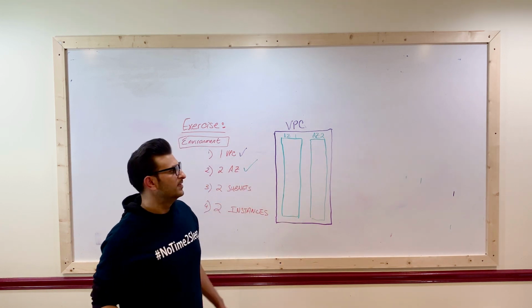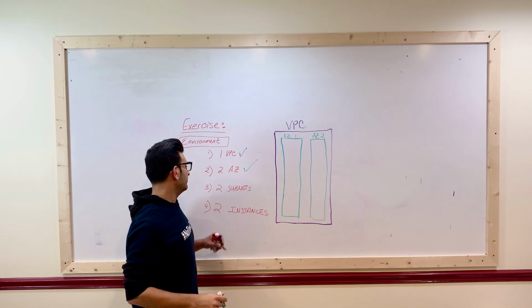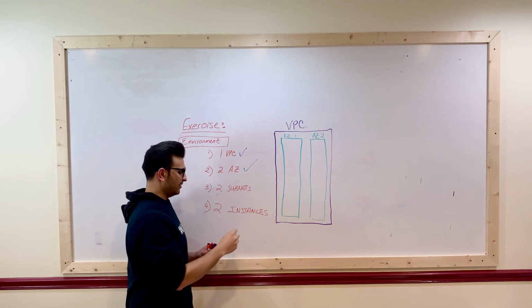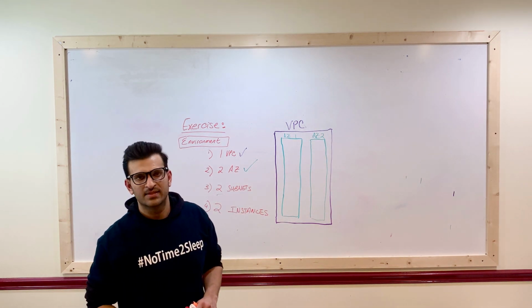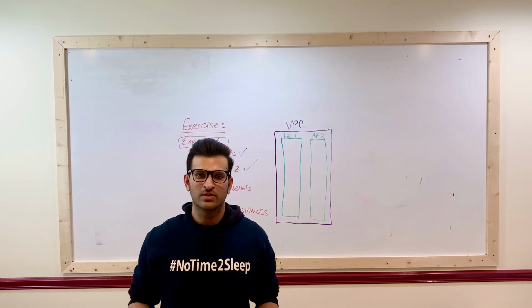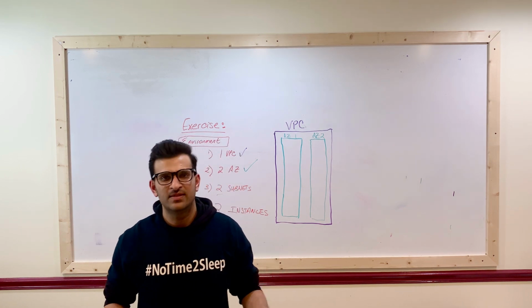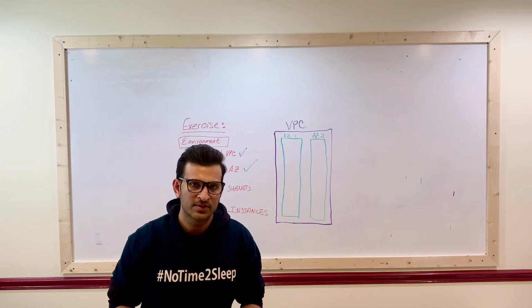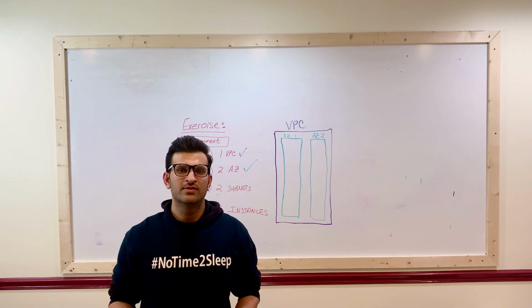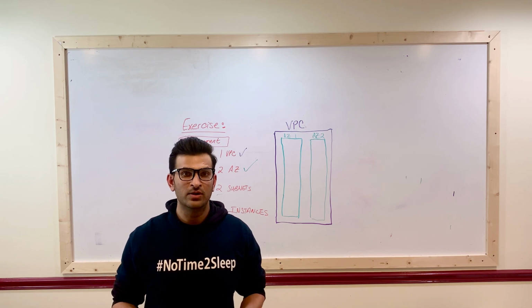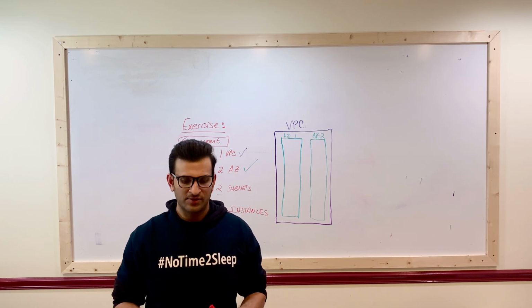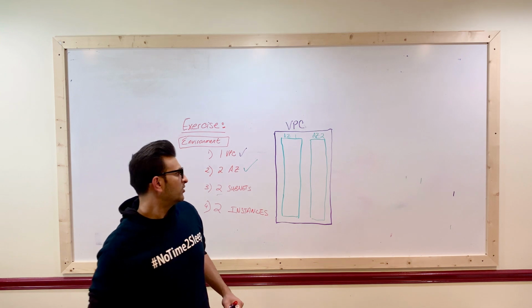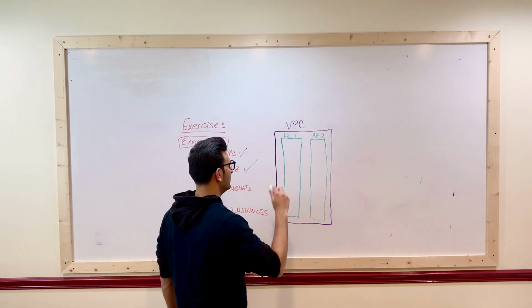So far, so good. The next thing I asked for is two subnets. Remember, subnet is short for sub network. So we're already in a VPC, so we're in the network. Now we have to draw subnetworks. And this is what we use to hold our EC2 instances. So let's draw our subnetworks or subnets.